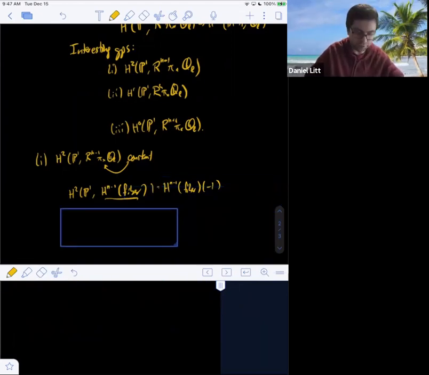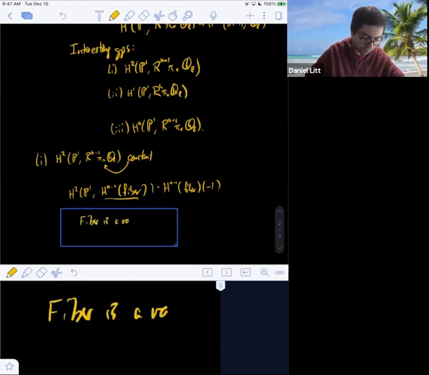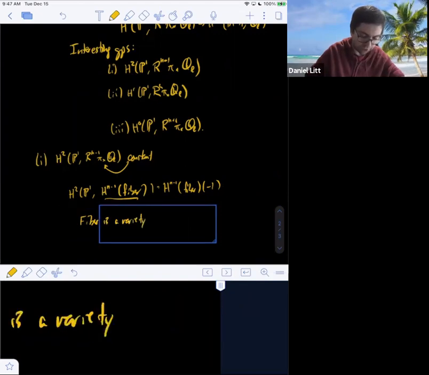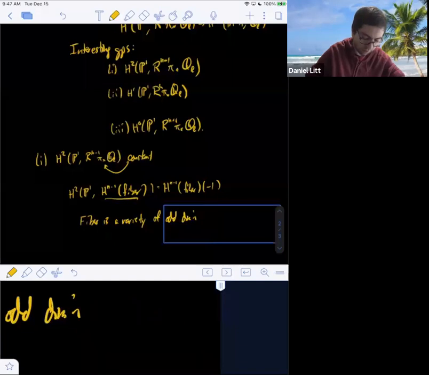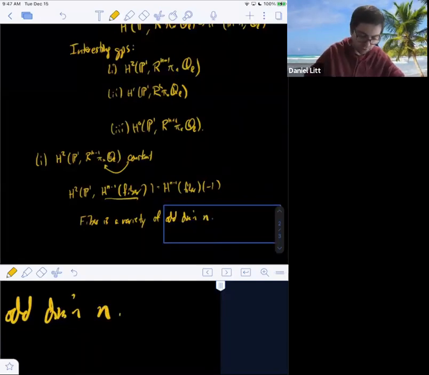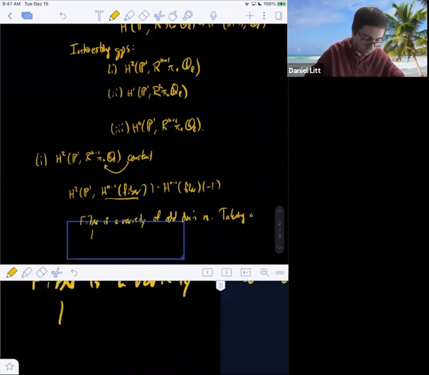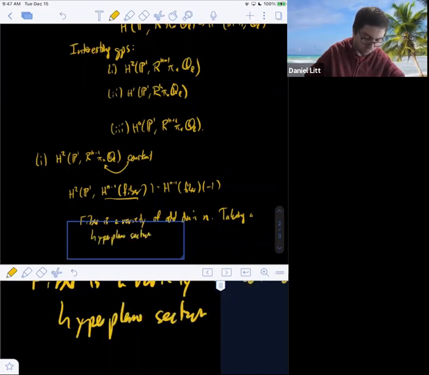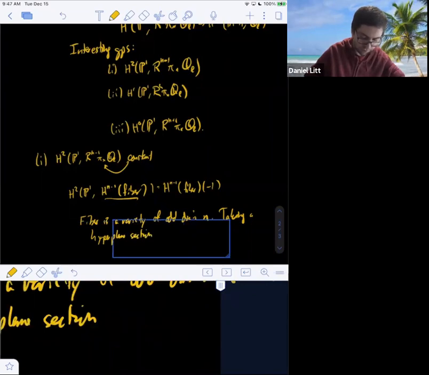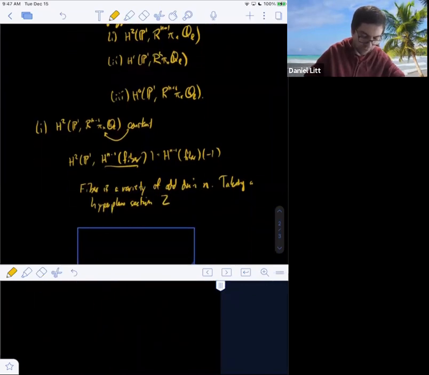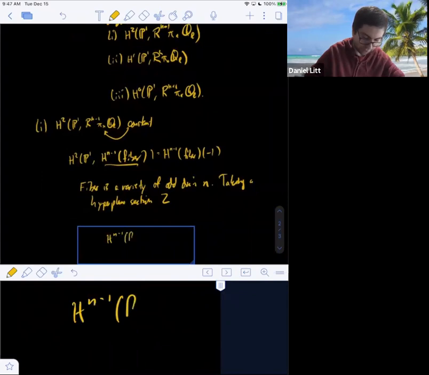So we're now going to use the induction hypothesis. The fiber is a variety of odd dimension n, but we're just going to slice it one more time. Taking a hyperplane section, let's call it Z, we get a map from Hn minus 1 of the fiber.